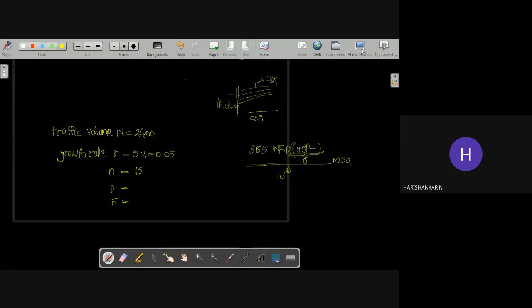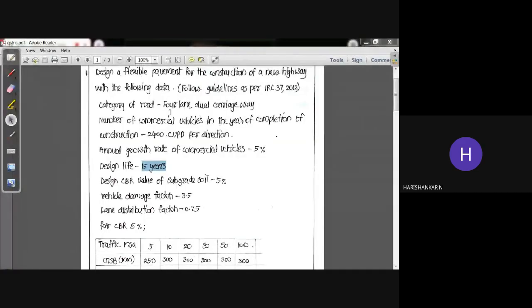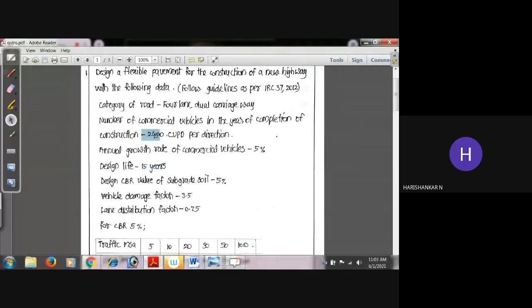Now you see in the question they say that the number of commercial vehicles in the year of completion of construction is directly given as 2400. So you need not take the equation A is equal to P into (1 plus R) whole raised to X. That equation you can have, but you need not take it because the n value is given as the number of commercial vehicles in the year of completion of construction.